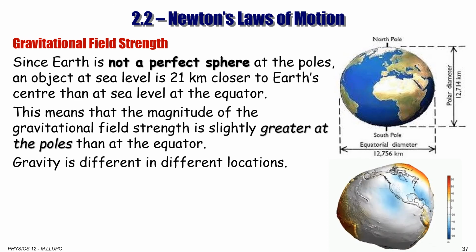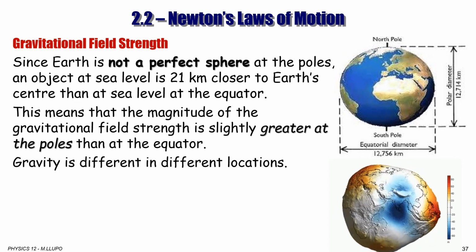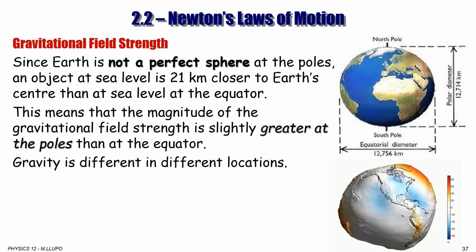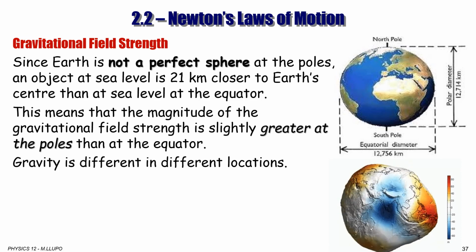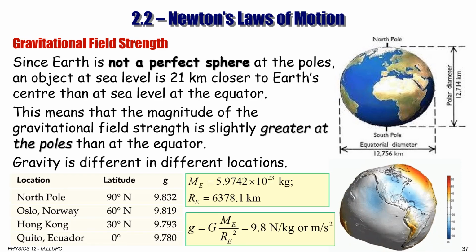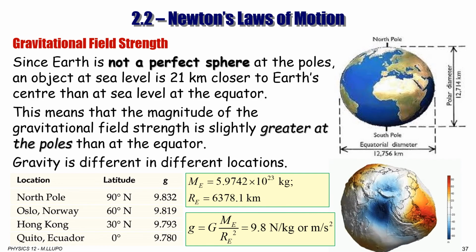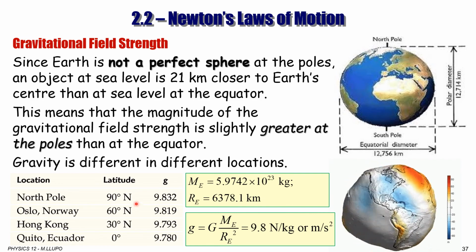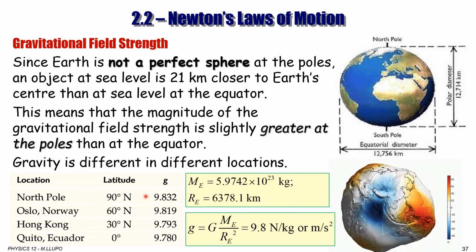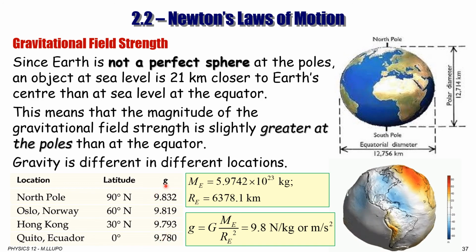That means that gravitational field strength has to be stronger at the poles than at the equator. Here's a table where the values of g will vary based on location.